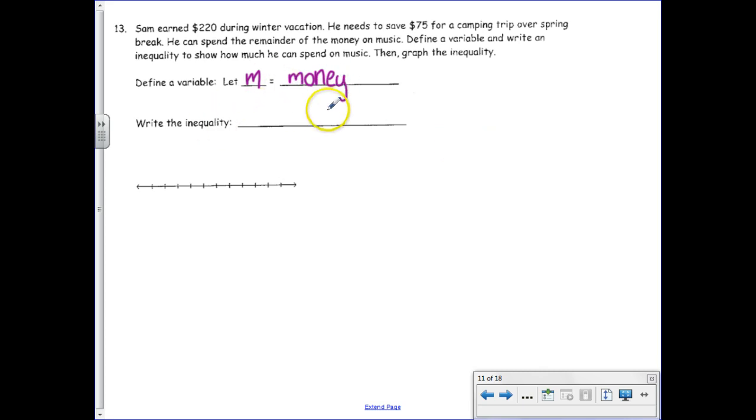And then I have to write an inequality. Well, you might do the math first, or you might just start the inequality this way. Okay, Sam has got some money. And let's see, this was specifically money on music, okay? Money for music, because he's got money for camping and he's got money for music. So I want the music money, and then this $75 that he's tucking away for the camping trip has to be less than or equal to 220, because he's got 220, that's it.